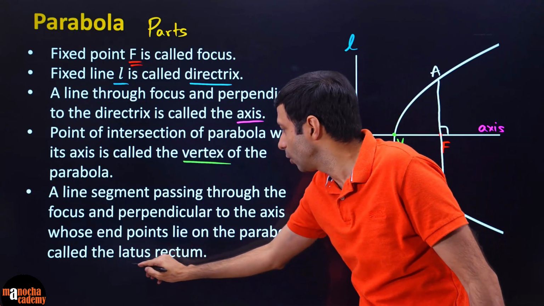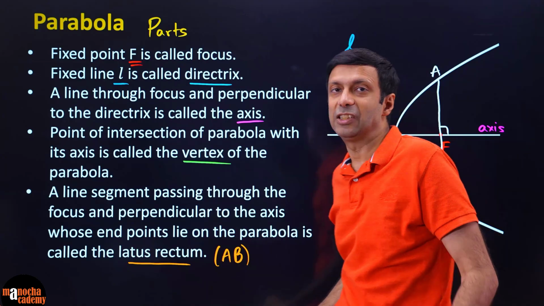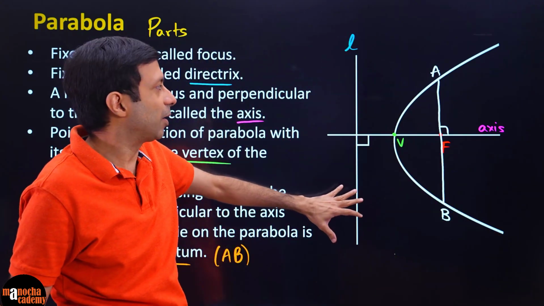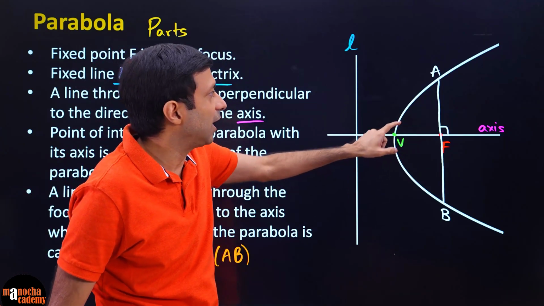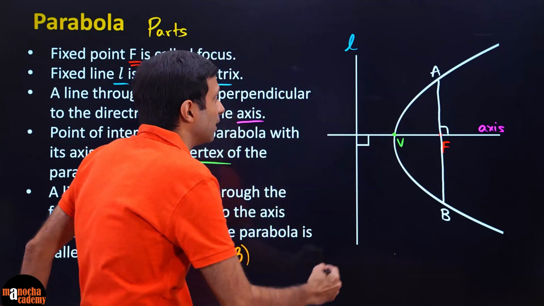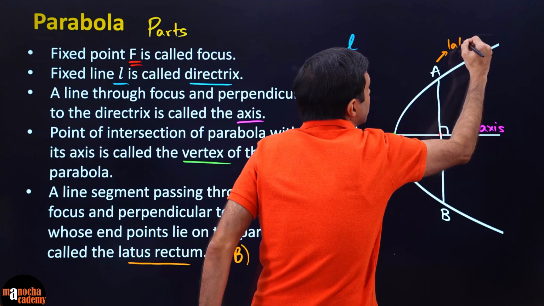So note the last one down. This AB marked in the diagram is your latus rectum. So clearly look at all the important parts of the parabola: focus, vertex, axis, directrix, and this AB, which is called your latus rectum.